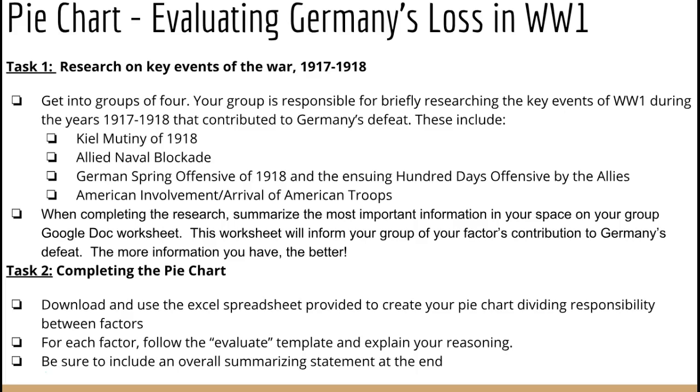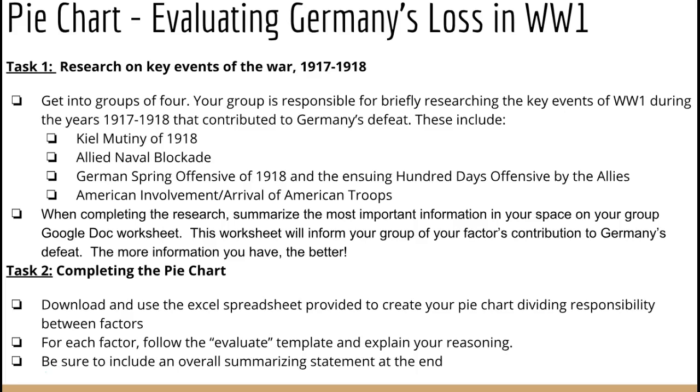It's the Kiel Mutiny of 1918. It's the overall effects of the Allied naval blockade. It's the failure of the German Spring Offensive of 1918 and the ensuing 100 Days Offensive by the Allies, from essentially August 8th, 1918 through November 11th, 1918.